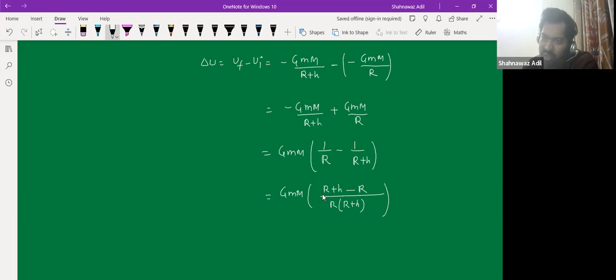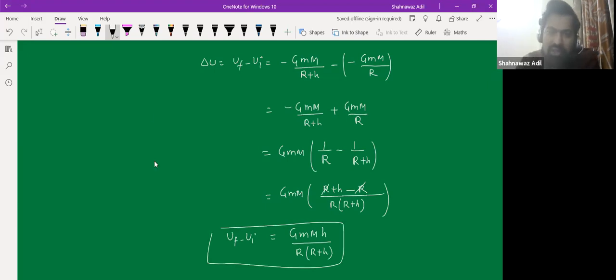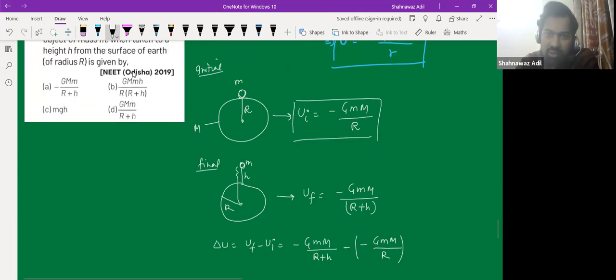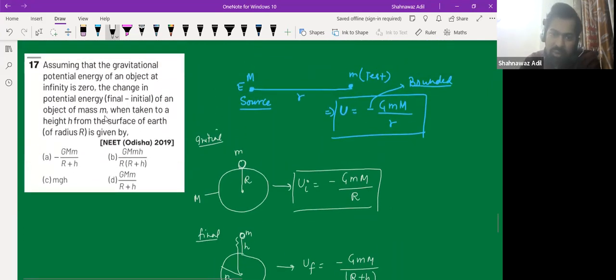So this part will cancel and this would be GMm h divided by r plus h. So this would be the change in potential. GMm h by (r plus h), which is approximately GMm h by r.